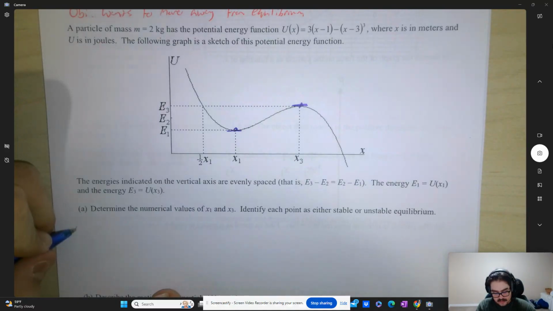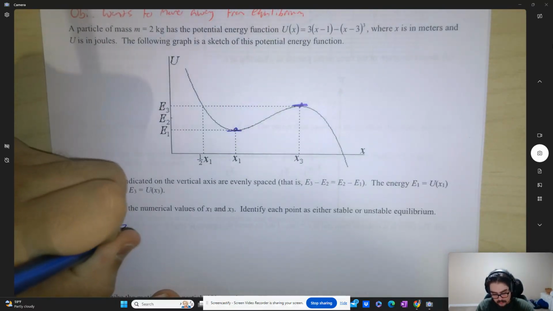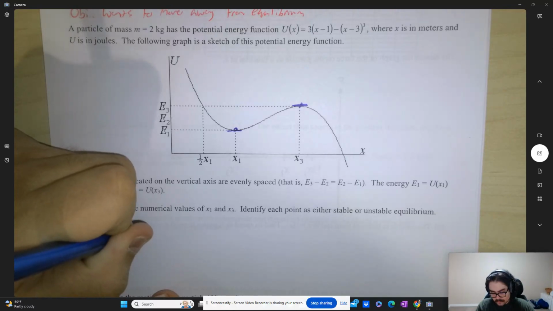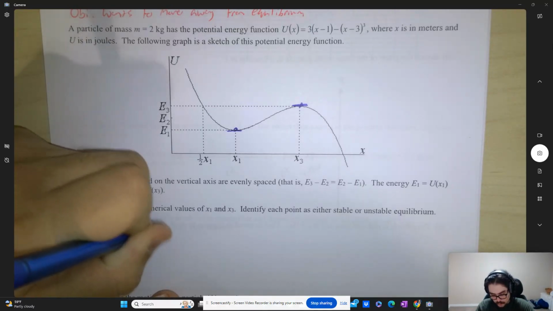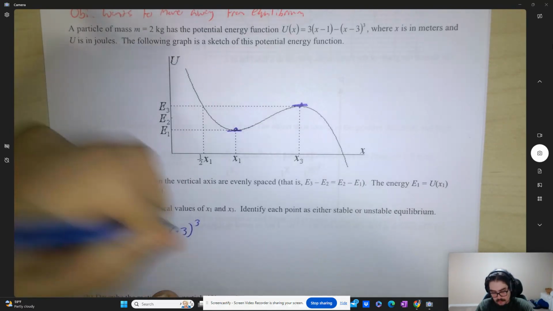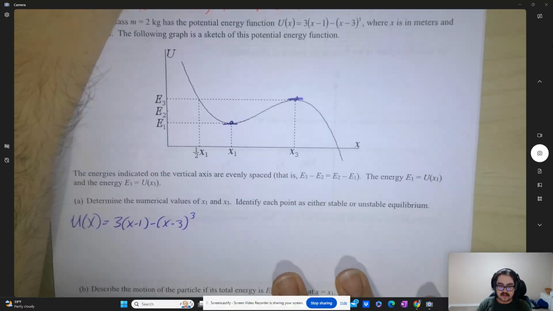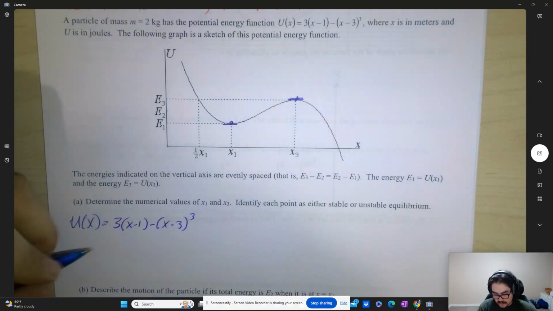So if I write down my potential energy function, U equals 3(x minus 1) minus (x minus 3) cubed. I'm just rewriting what I had there. What I can do is take the derivative of it, so I would get dU over dx.